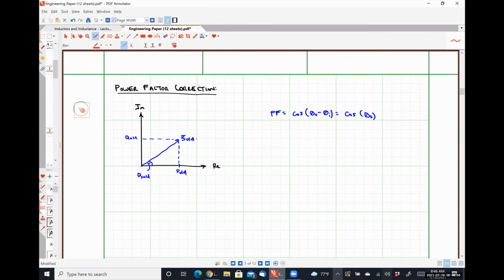So let's say that we were trying to correct the power factor by increasing the resistive portion of our load, meaning that we would have some P new here, and then we would obviously have some angle theta new, which will be smaller, so that our power factor is increased.